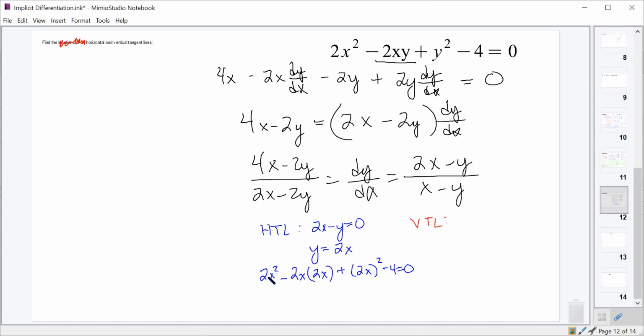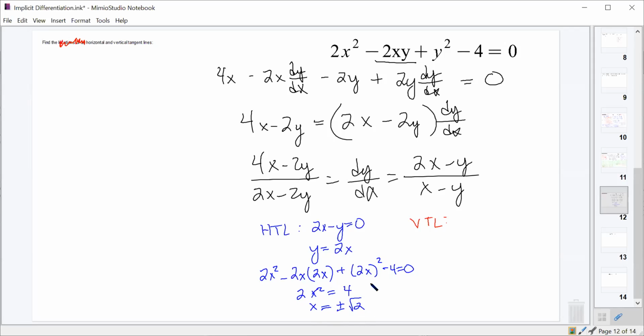So what does that give us? That gives us 2x squared minus 4x squared plus 4x squared. Well, what's that? That's just 2x squared equals 4, or x equals plus or minus root 2.